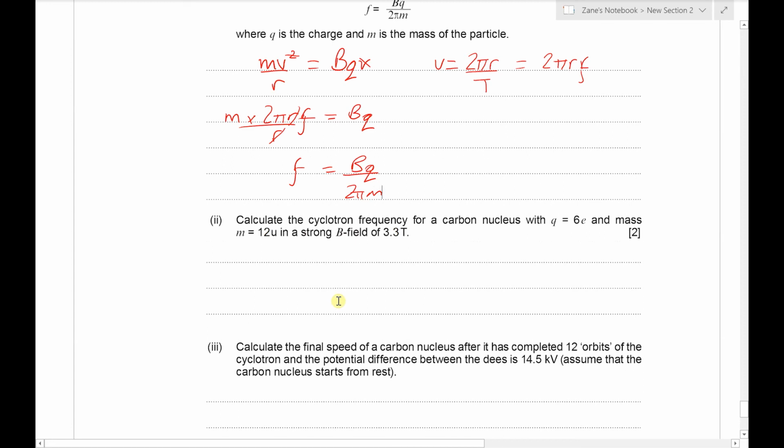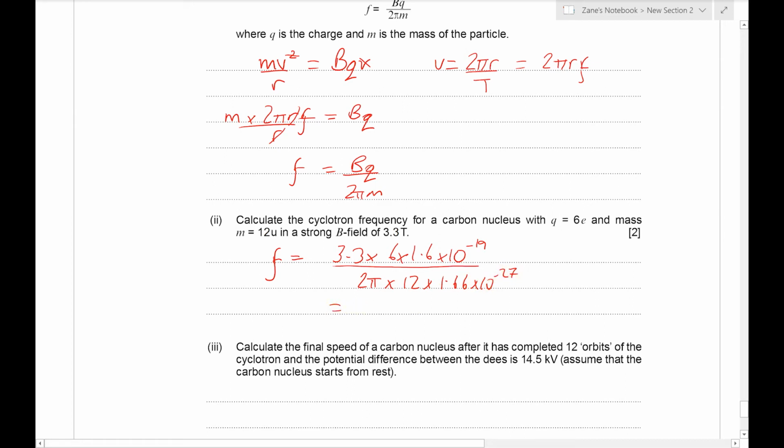For part 2, we've got to calculate the cyclotron frequency that we just derived the formula for, for a carbon nucleus of charge 6e and mass 12 u in a strong field of 3.3 Teslas. So we're just simply going to substitute numbers into the equation. 3.3 times charge, which is 6 lots of e, so 6 times 1.6 times 10 to the minus 19 coulombs, over 2 pi times 12 u, where 1 u is 1.66 times 10 to the minus 27 kilograms.